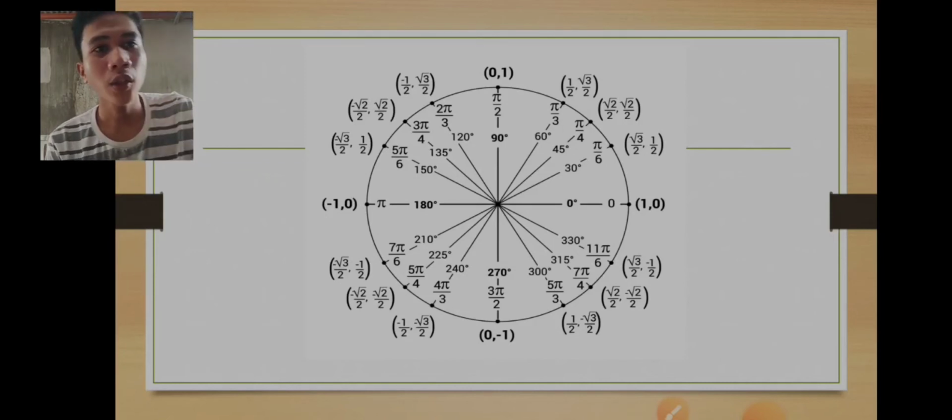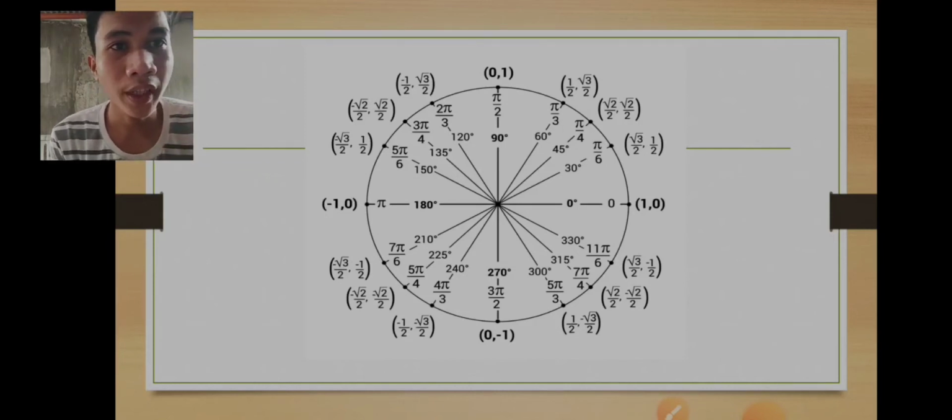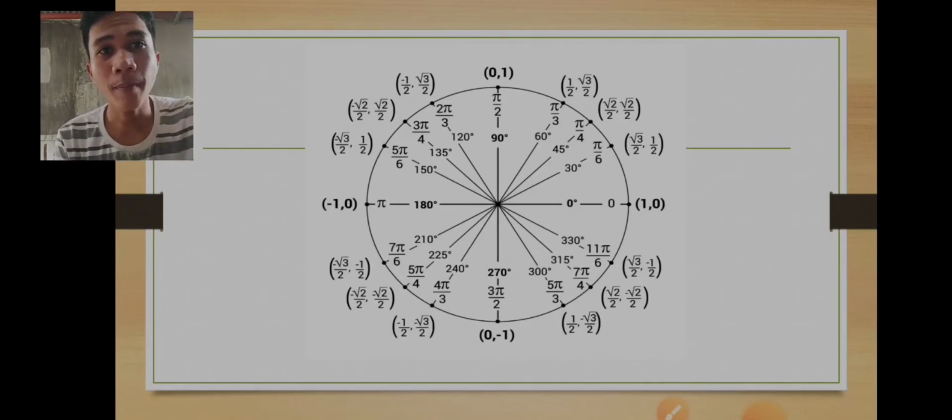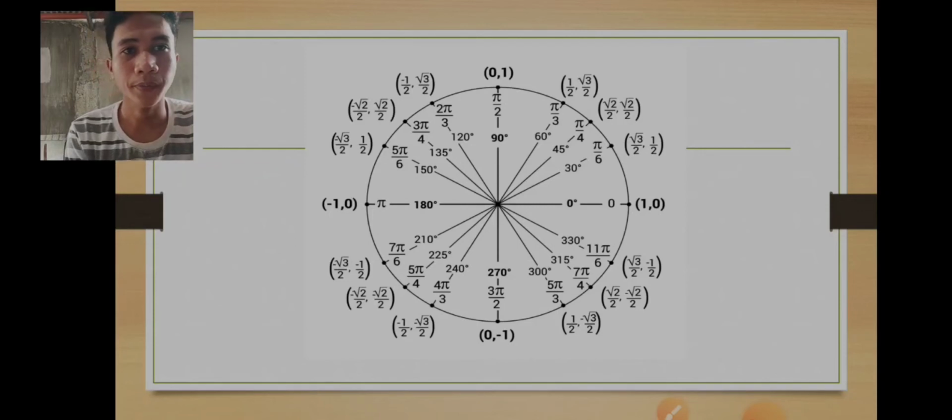In quadrant 2, we have 120 degrees, 135 degrees, and 150 degrees. At 120 degrees or 2 pi over 3, the cosine is negative 1 half and the sine is square root of 3 over 2. At 135 degrees or 3 pi over 4, the cosine is negative square root of 2 over 2 and the sine is positive square root of 2 over 2.